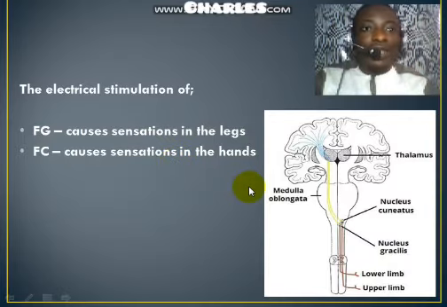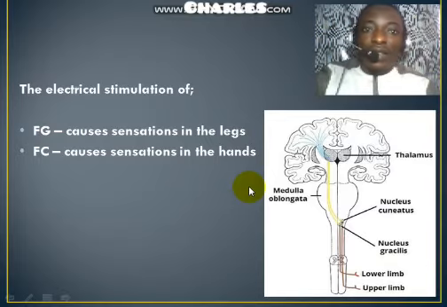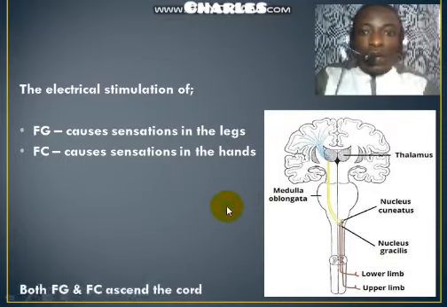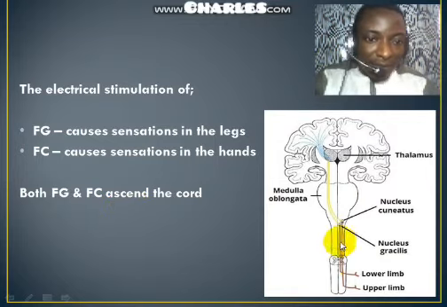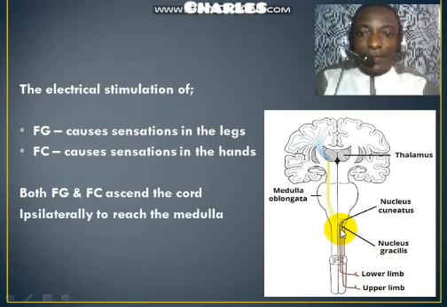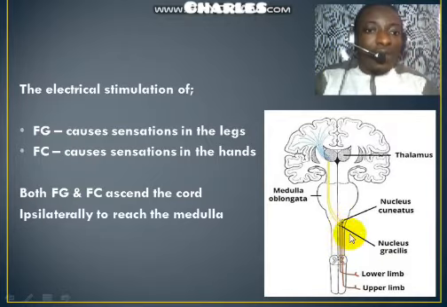So, legs are gracious, hands are cute. That is the key for recalling these two divisions of the dorsal column lemniscal pathway. Going forward, both the fasciculus gracilis and the fasciculus cuneatus ascend the cord ipsilaterally, that is on the same side, to reach the medulla oblongata.